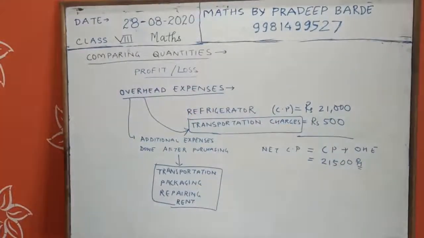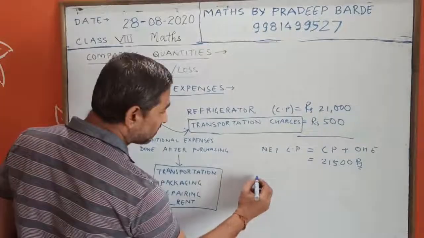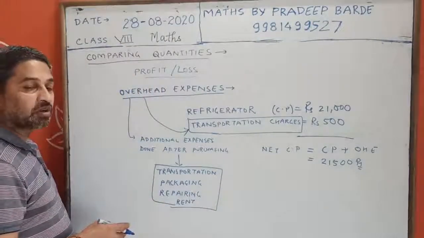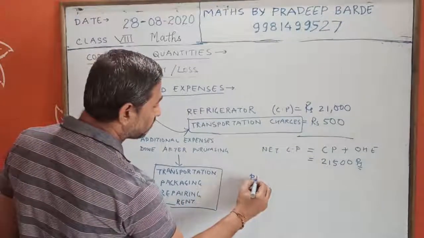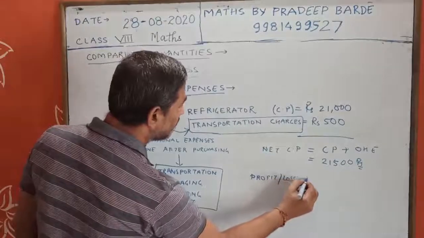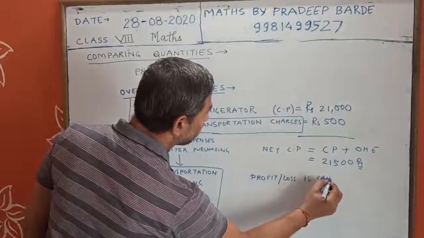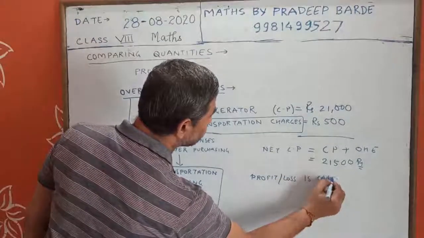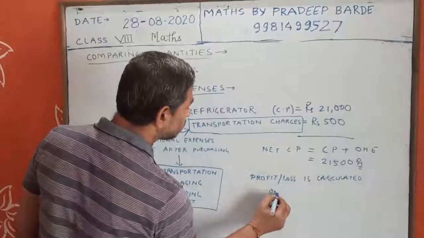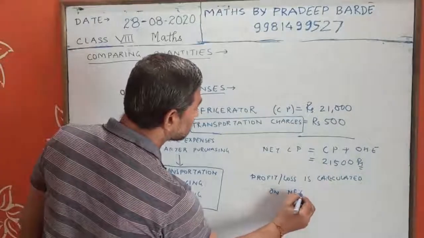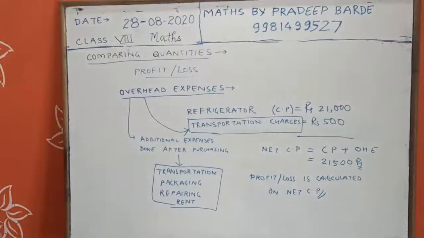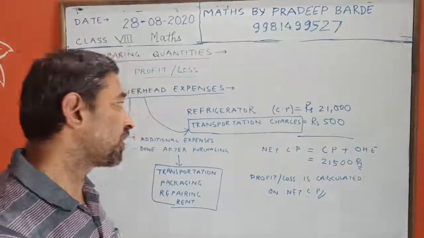Now as we have discussed in the previous class, profit and loss is calculated on the cost price. Here profit and loss is calculated on net cost price, not on the cost price.